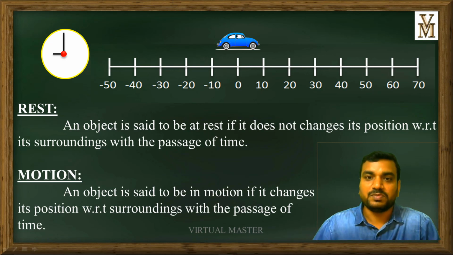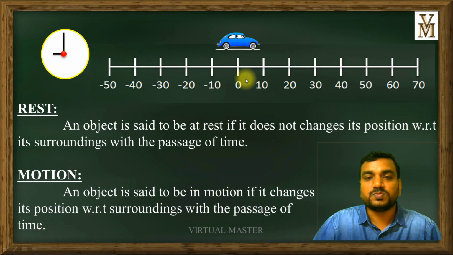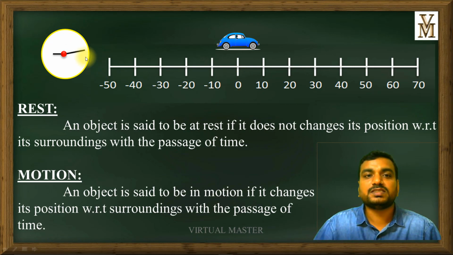Let us take one example here. At 9 o'clock, the car is at 0th position. Now, after 20 minutes, that is at 9:20, the car is still at 0th position. That is, even with time, the position of the car is not changing at all. So we can say that the car is at rest.